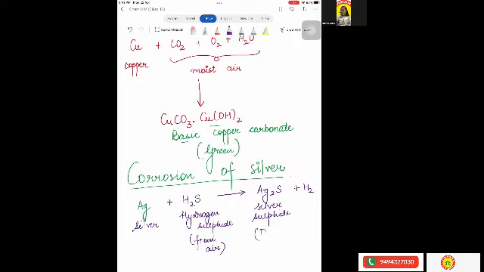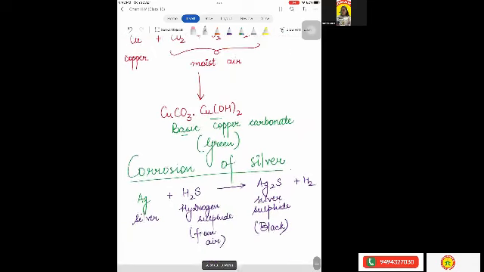Remembering the color is very important because questions such as, so and so metal on keeping in air turns into this color, explain why. So you have to know the colors, only then you will be able to write the reaction correctly. Clear, everyone? Any doubts? These are the three corrosions which we are supposed to study.